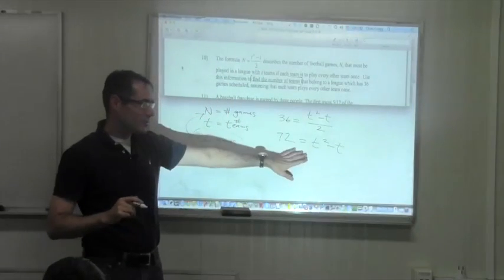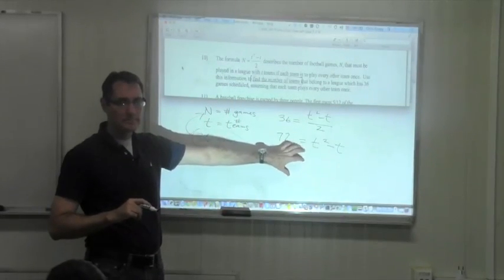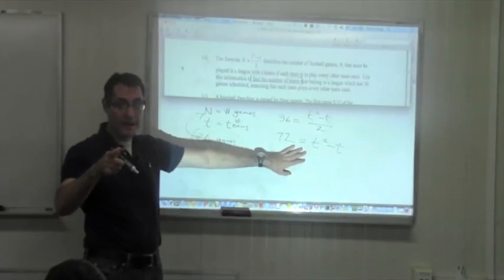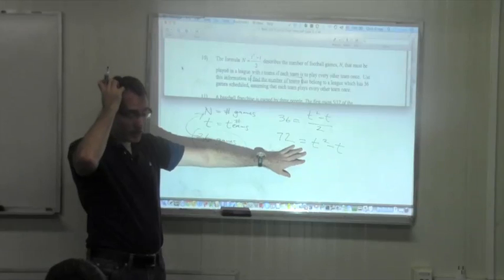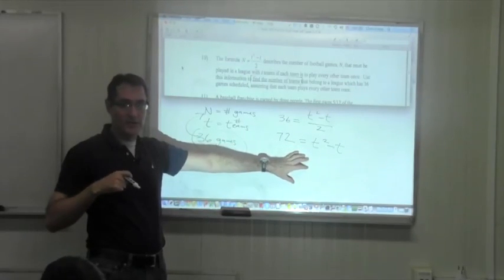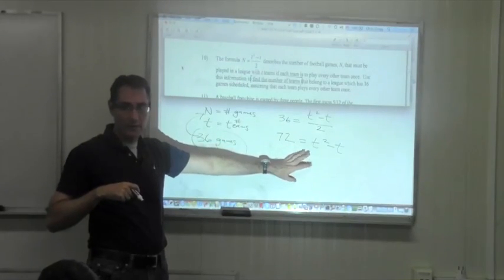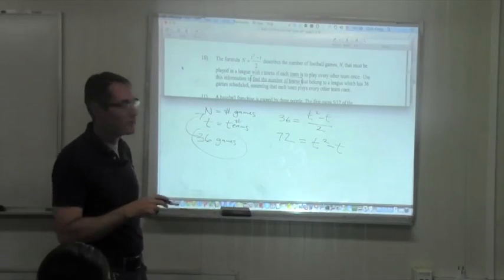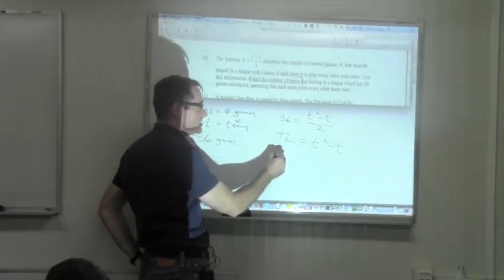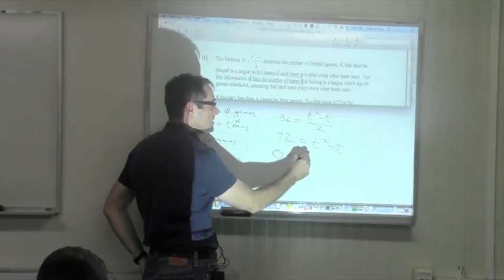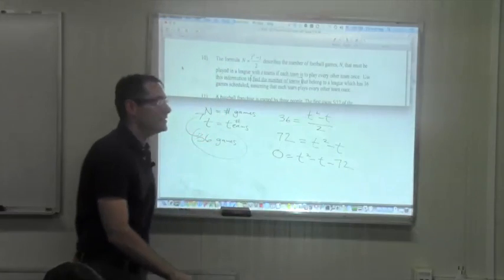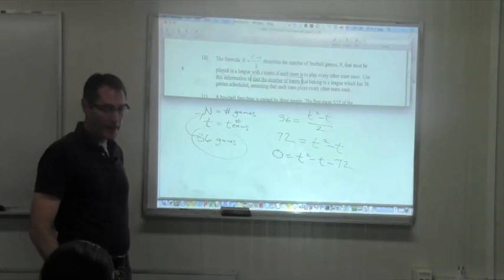Does this start to look familiar? You're going to want to factor it eventually. So let's get this in a form where we can factor it. We can't factor it yet, can we? No. Subtract 72 from both sides. You get 0 equals t squared minus t minus 72. Now Adam's absolutely correct.